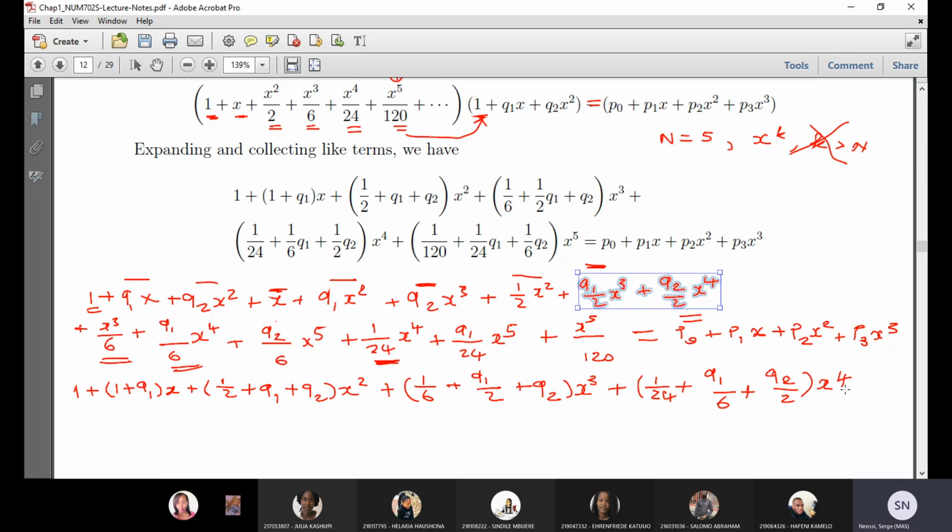Now we look at the terms in x to the 5th, plus the factor of x to the 5th. So everything here on top has already been selected. So you have this one and this one. So these are the ones in x to the 5th. We have 3 terms: 1, 2, 3. So this one, the constant term, 1 by 120, this term.